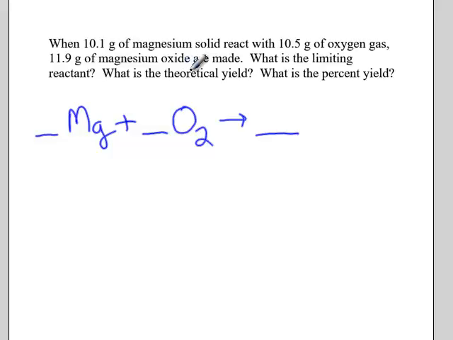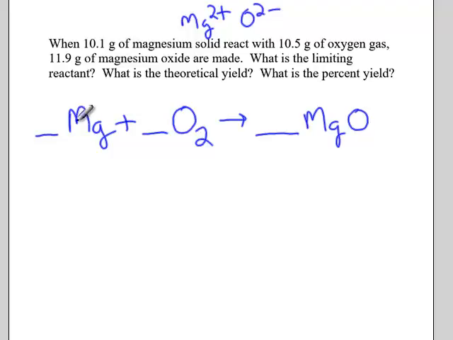Ionic compound. Magnesium as an ion is +2. Oxide anion's -2. So when you do your crisscross, you get a 2-to-2 ratio that can be simplified to a 1-to-1 ratio. So if you don't get the crisscross correct, you're going to get the wrong formula. And if you have the wrong formula, you may not even be able to balance the equation.